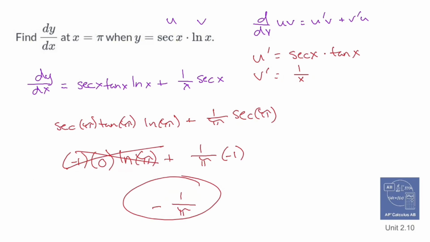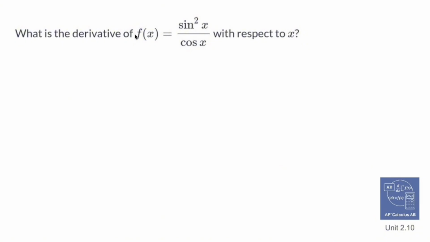Fun stuff. What is the derivative of f of x equals sine squared x over cos x with respect to x? So this is what I'm going to do. I'm going to split this up and make this sine x over cos x times sine x.